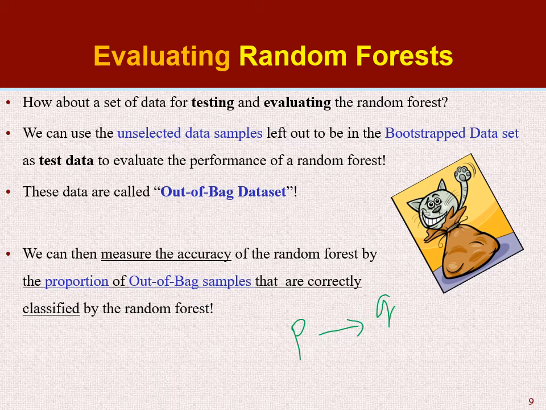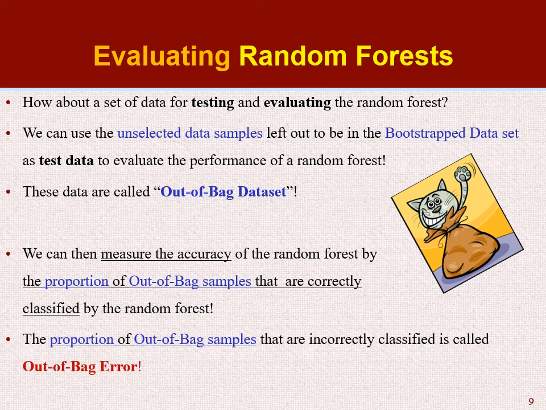That means that p minus q of them are classified incorrectly, or misclassified. Then the proportion of correct classification here is q divided by p. This is a measure of accuracy for our random forest.